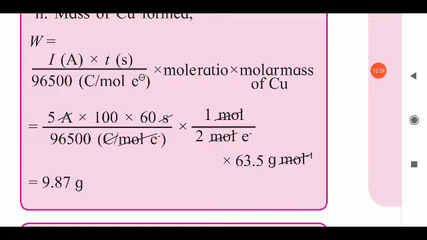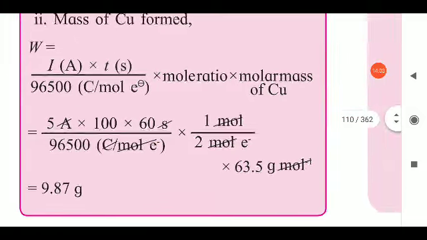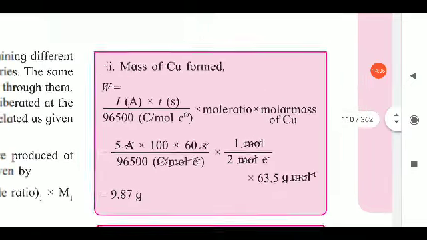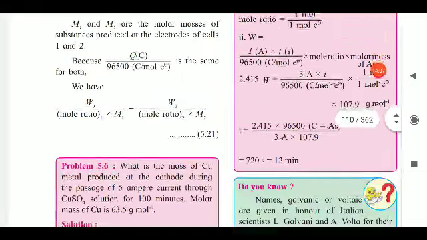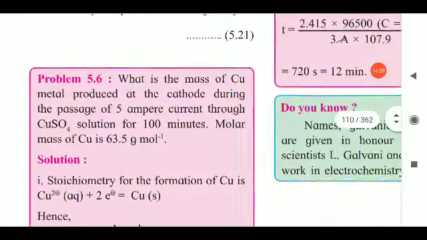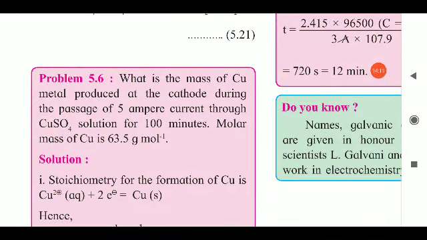So it will be 63.5, and by solving all these quantities you will get the answer 9.87 gram. So this is one type of problem in which we have to calculate the mass of copper metal produced at the cathode.